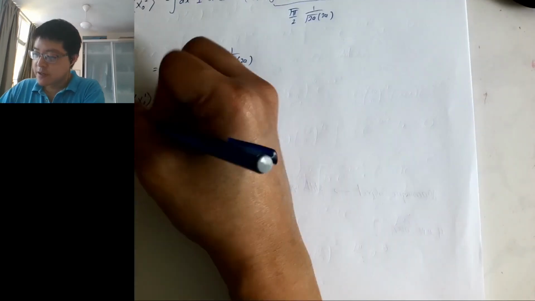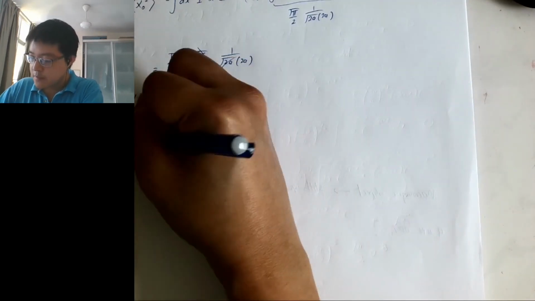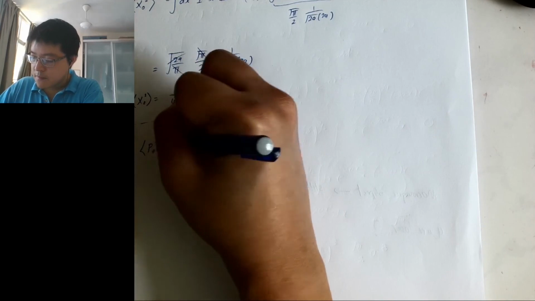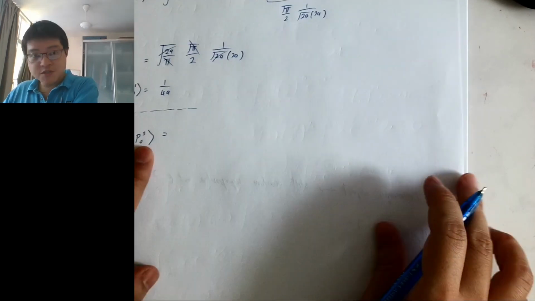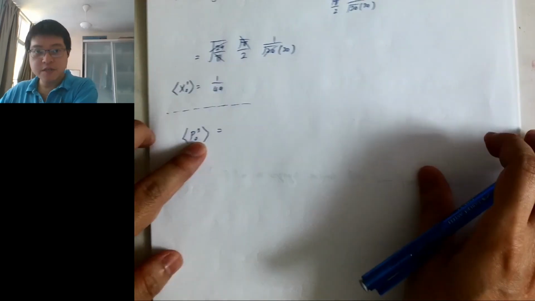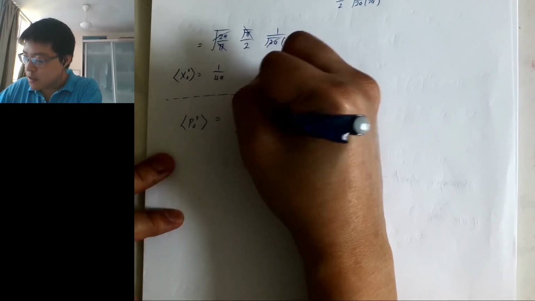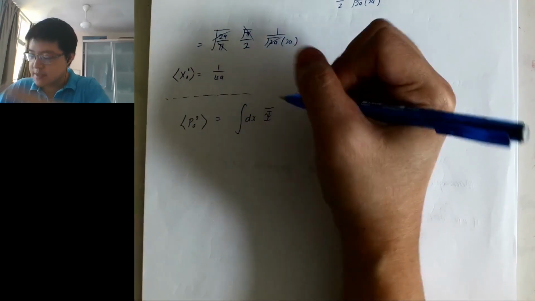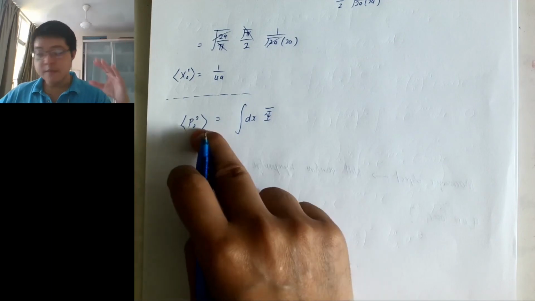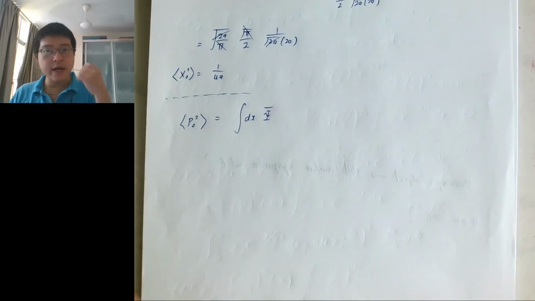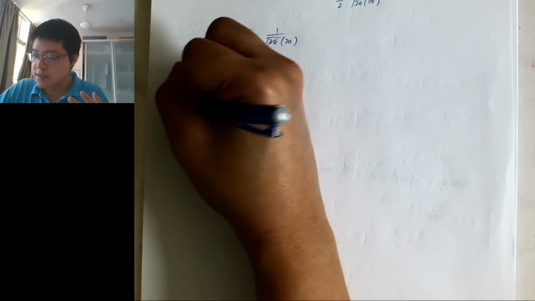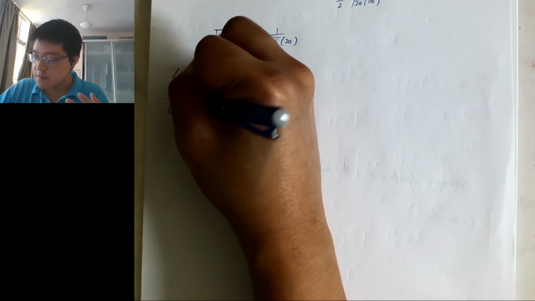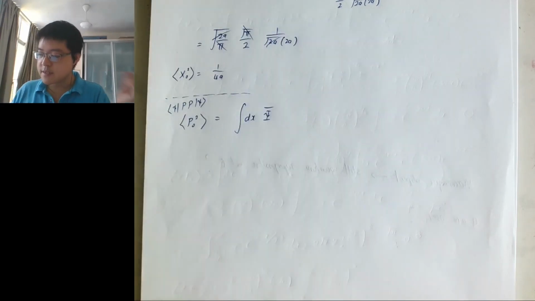Now, the next thing is the expectation value of momentum squared. What's the expectation of momentum squared? It is the integral of the wave function, this is the bra, and then the momentum acting on the ket twice, acting on the state twice.